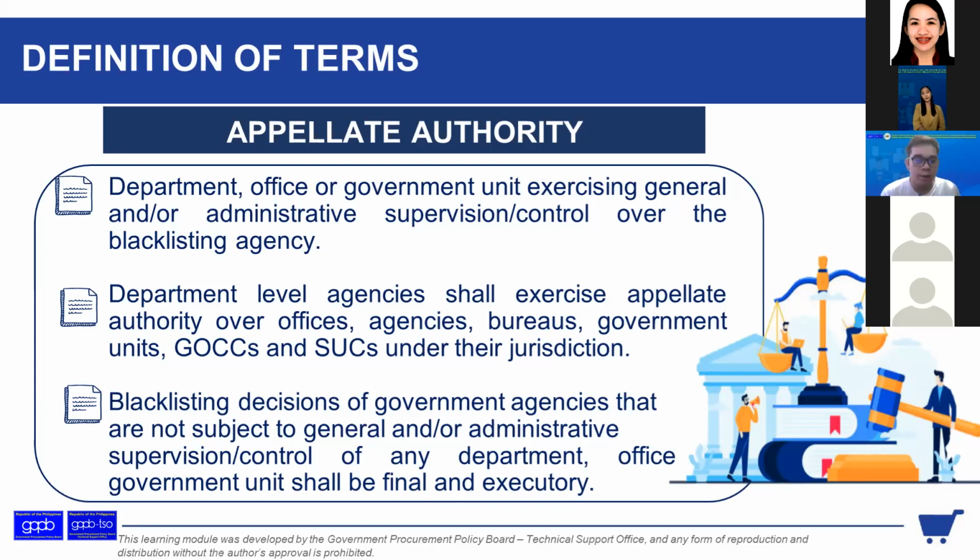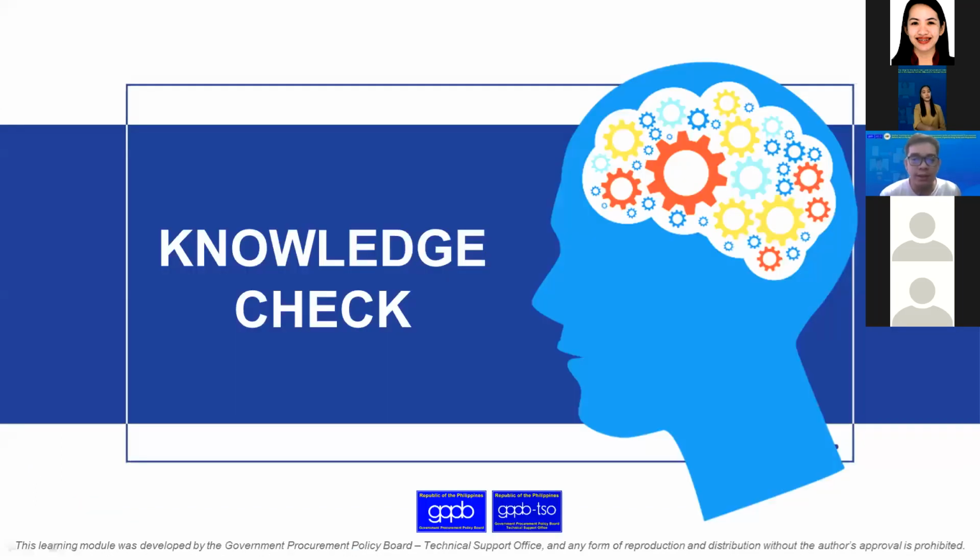Okay, so we are now on the first knowledge check of our second session. The question is, blacklisting is an interim penalty imposed for infractions committed by a contractor during the competitive bidding stage, whereby such contractor is prohibited from further participation in the bidding process of an agency.